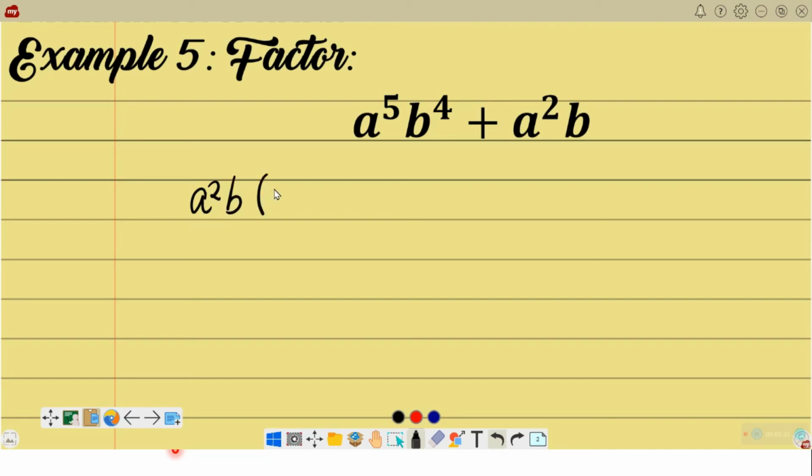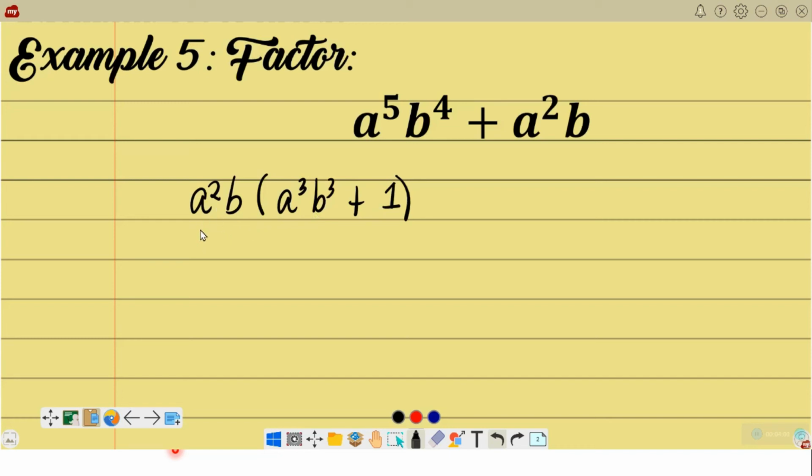Then let's factor out first. a to the fifth, b to the fourth divided by a squared b, we have a cube b cube, plus a squared b divided by a squared b, the answer is 1. Okay? Now, let us get the factor of this sum of two cubes.